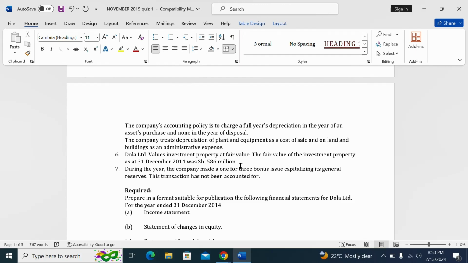Remember, under International Accounting Standard 40, the changes in fair value of an investment property are usually taken or adjusted in the statement of profit or loss.